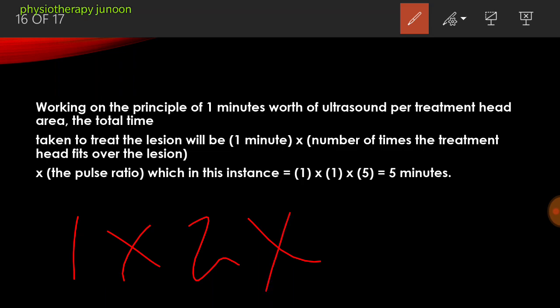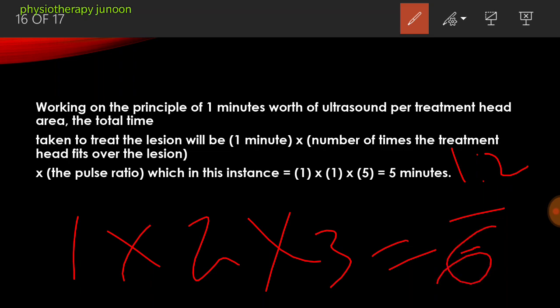In the acute phase, what pulse ratio do you give the patient? In the acute phase the pulse ratio is 1:2, so it is 3. Okay, 3 into 2, 6 minutes of treatment.